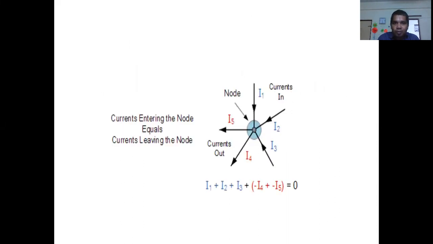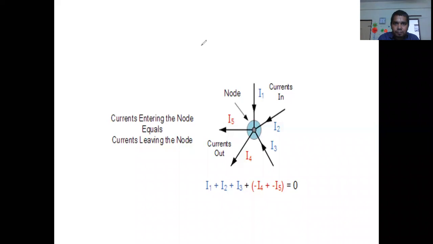This is a node, a junction point where more than two branches are coming together.